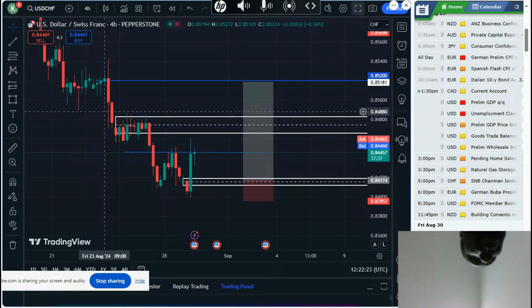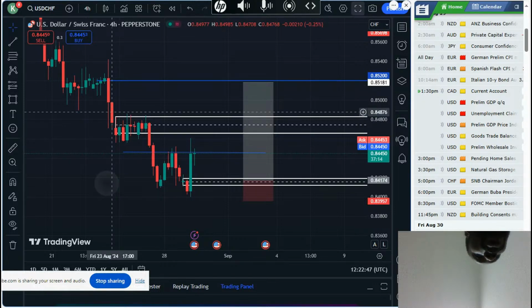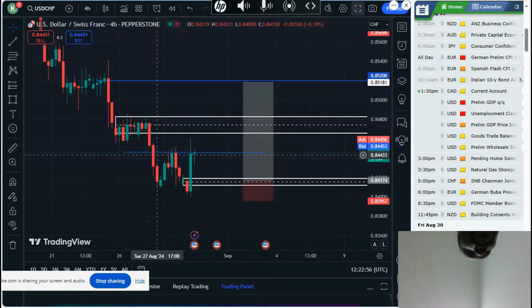You're placing your stop loss at 0.84856. I repeat, USD Swiss franc sell limit at 0.84682, and you're placing your stop loss at 0.84842.